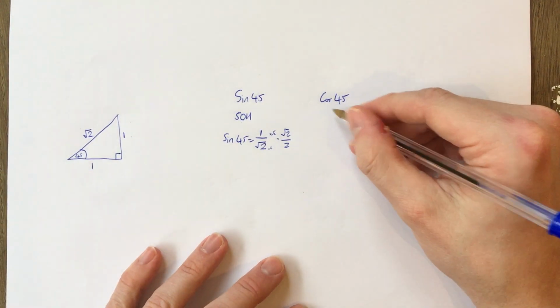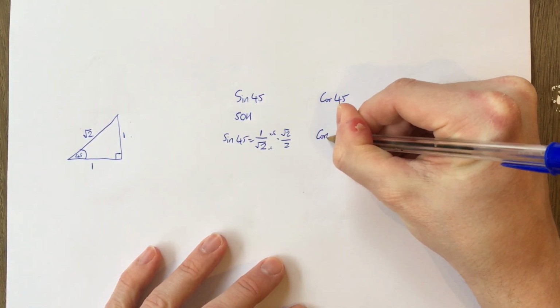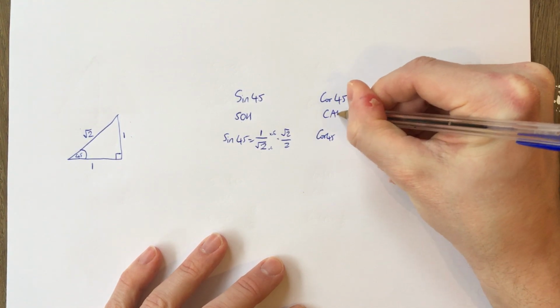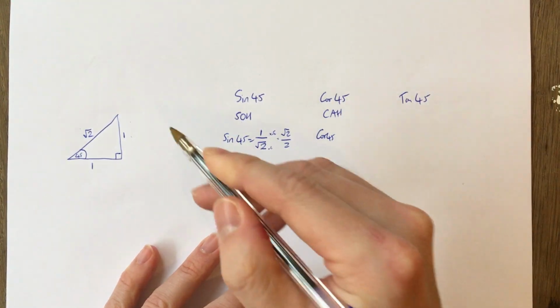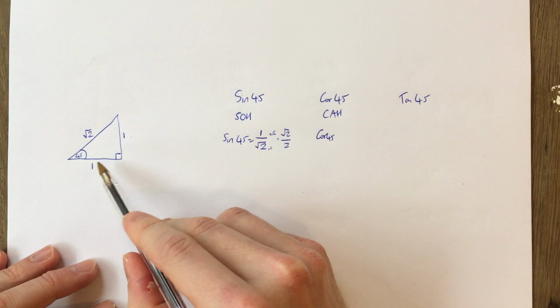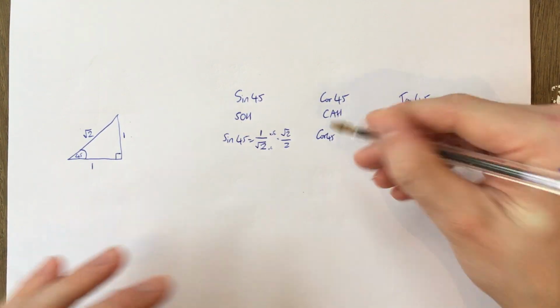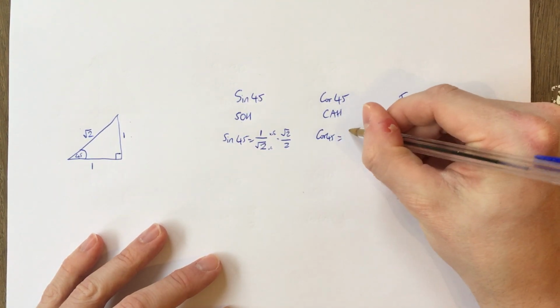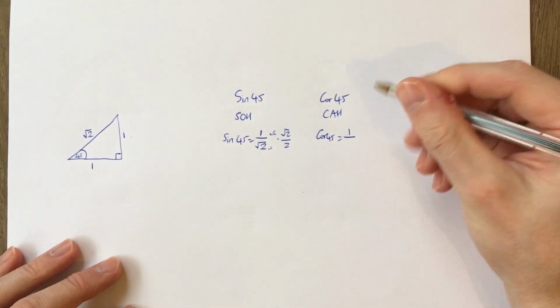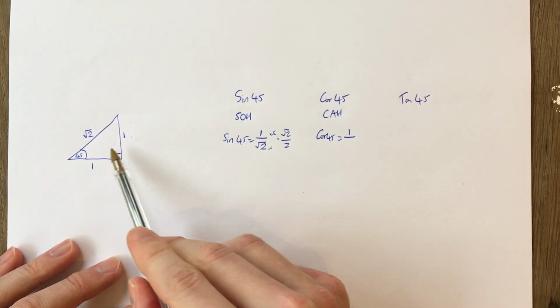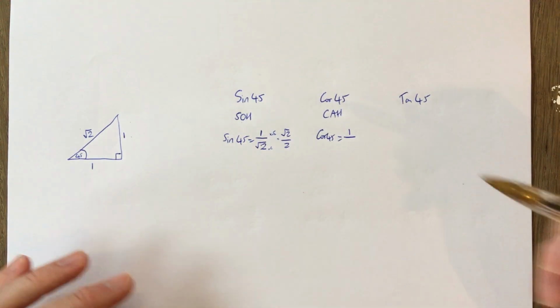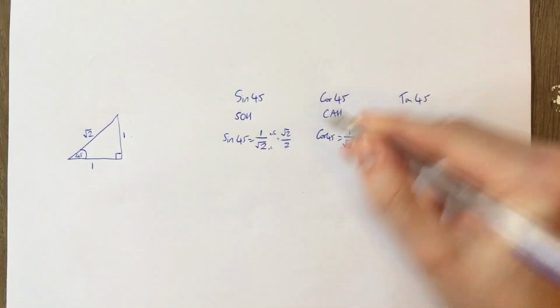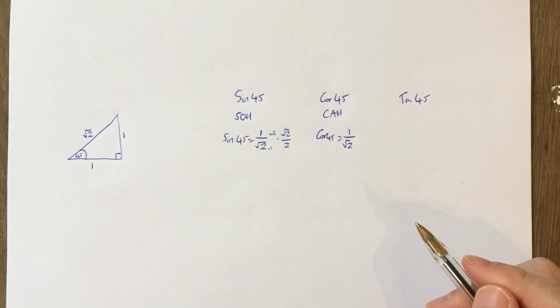Okay, cos 45, as you know, is adjacent over hypotenuse. So adjacent in this case is 1. So it's 1 over, and then hypotenuse is root 2. So it's actually going to be the same as sin 45.